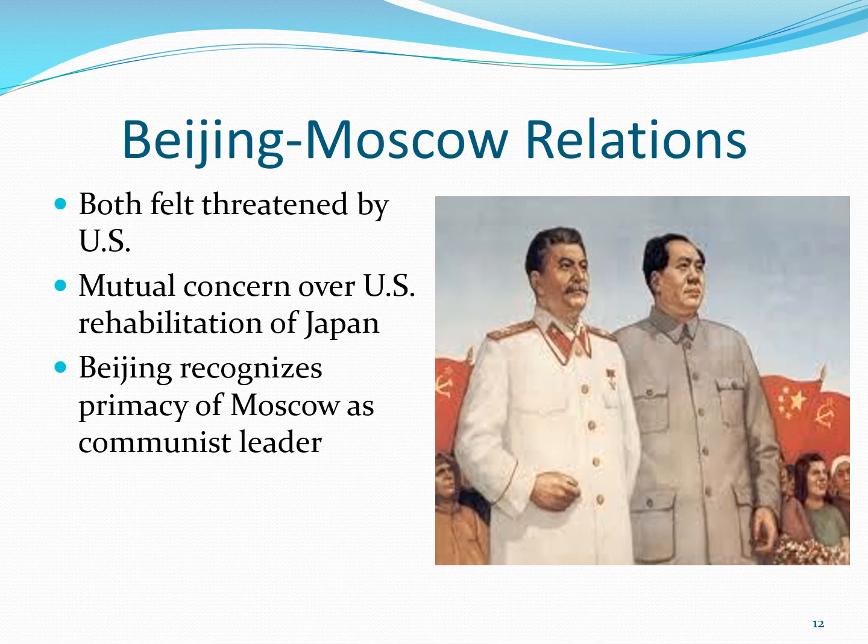Both Stalin and Mao felt threatened by the United States, and they had mutual concern over the United States policy of moving in, occupying parts of Japan after the defeat of Japan, and working diligently to rehabilitate Japan, much like we were doing in Western Germany.